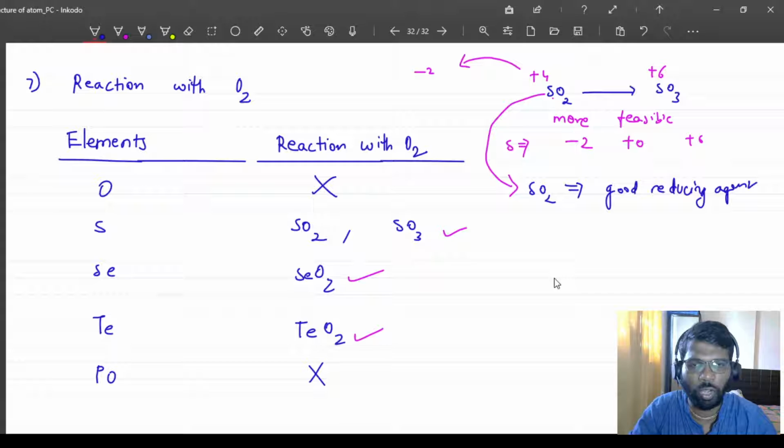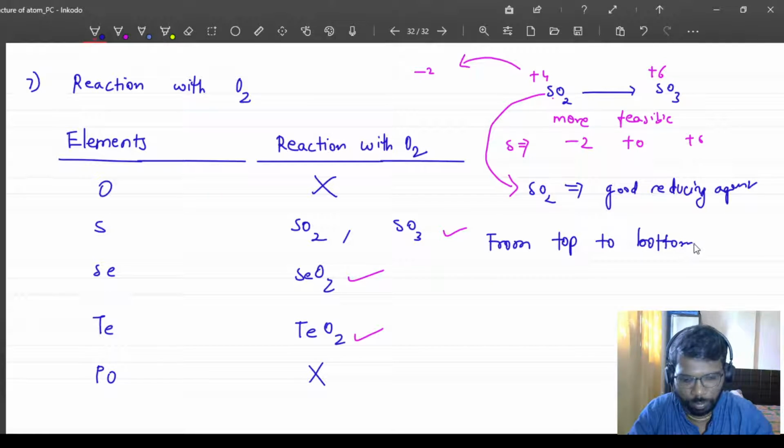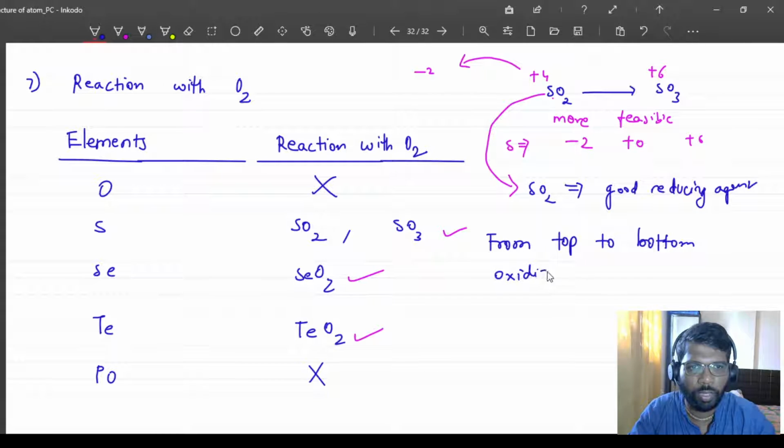So if we talk overall, from top to bottom, oxidizing power increases.